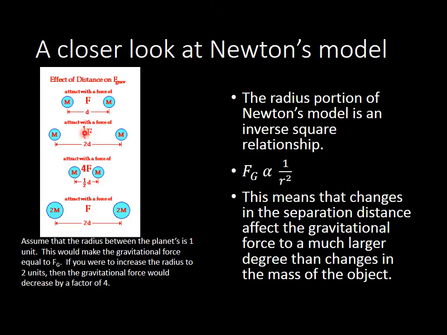But if we took those two equal mass objects and doubled the distance, the gravitational attraction would only be 1/4 of what it was. Or if we moved them closer together, half the distance, then we would get 4 times the amount of gravitational force.